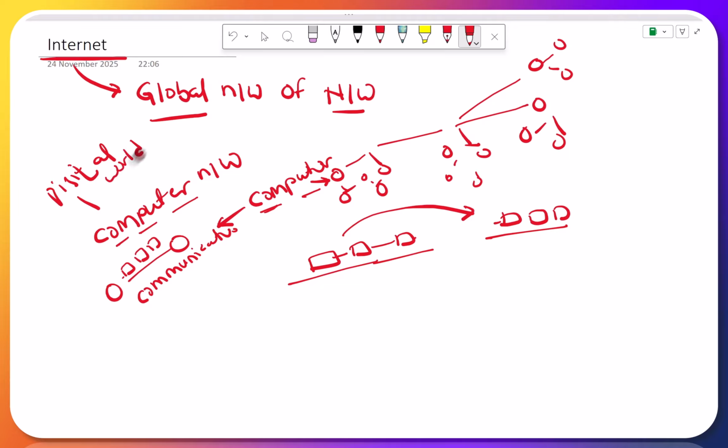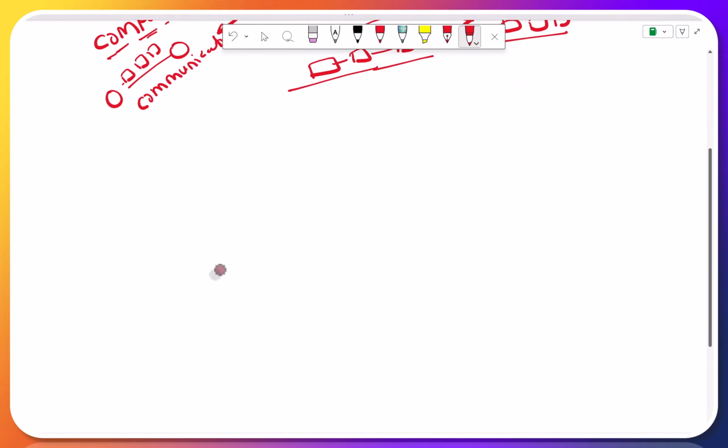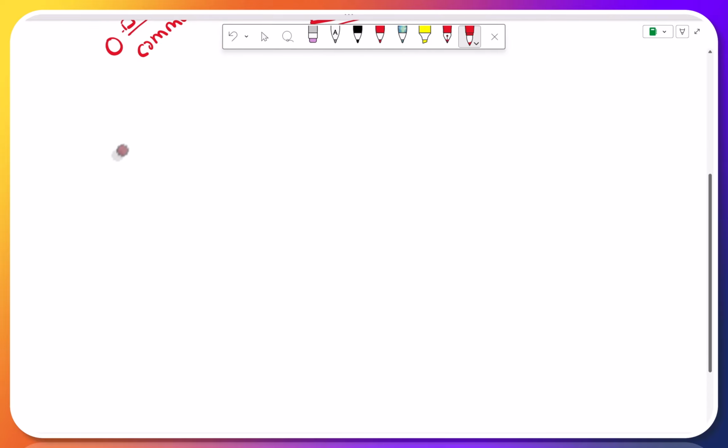Same purpose. So now we have understood what the internet is, why, and what a computer network is. Now I want to tell you about this internet versus this internet. You would have seen, right?